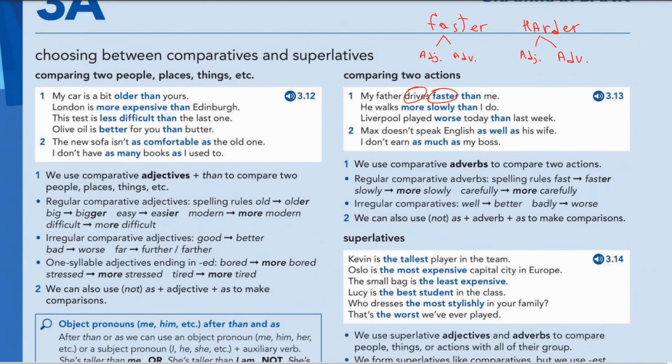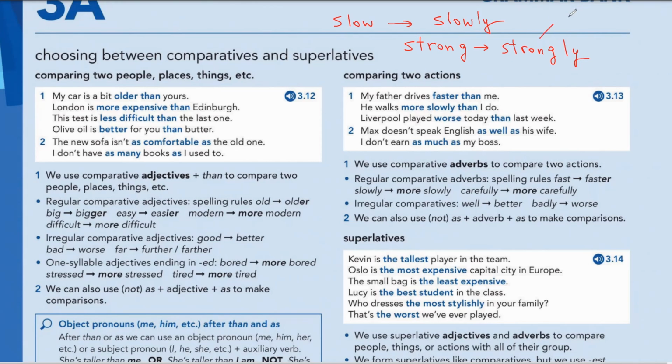Other adverbs: slow is an adjective. And if I want to make an adverb from it, I need to add ly: slowly, right? Strong, strongly. And so on. So most of the adverbs here, we make by adding ly to the adjective.